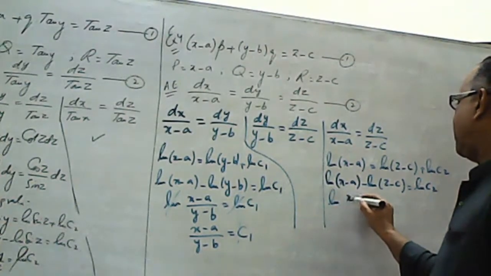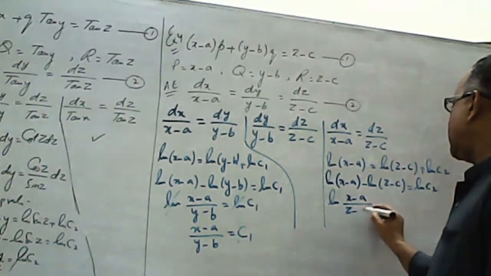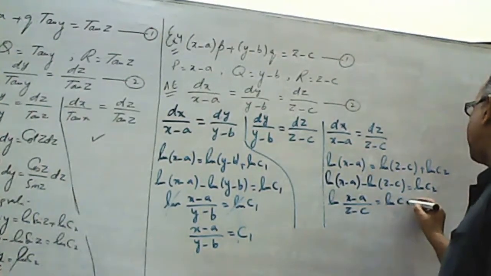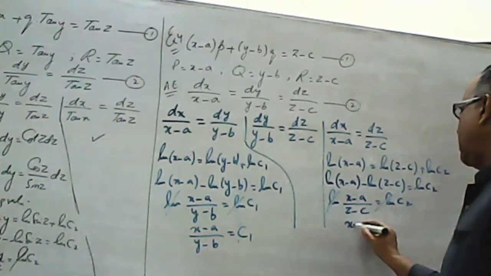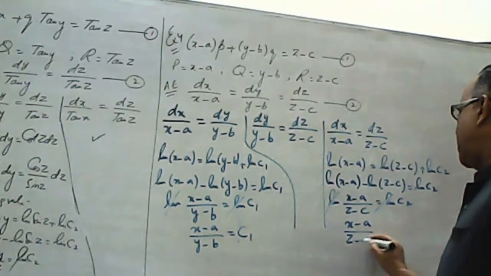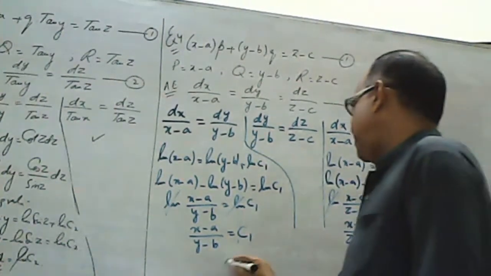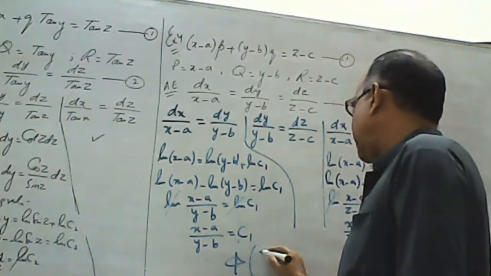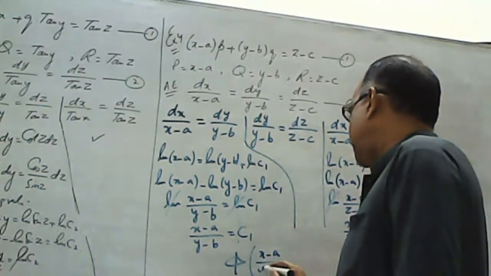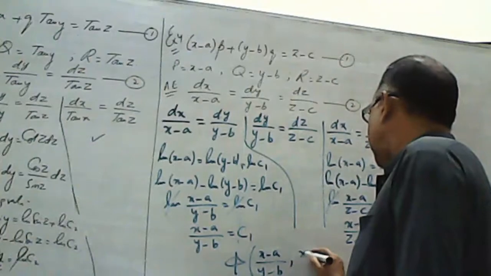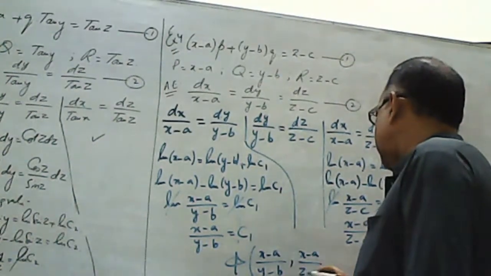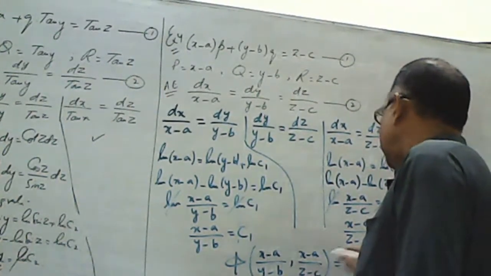Let's say log of x minus a upon z minus c is log of c2, cancelling log with log. So x minus a upon z minus c is equal to c2, and representing the final answer, phi of (x minus a upon y minus b, x minus a upon z minus c) equal to 0.